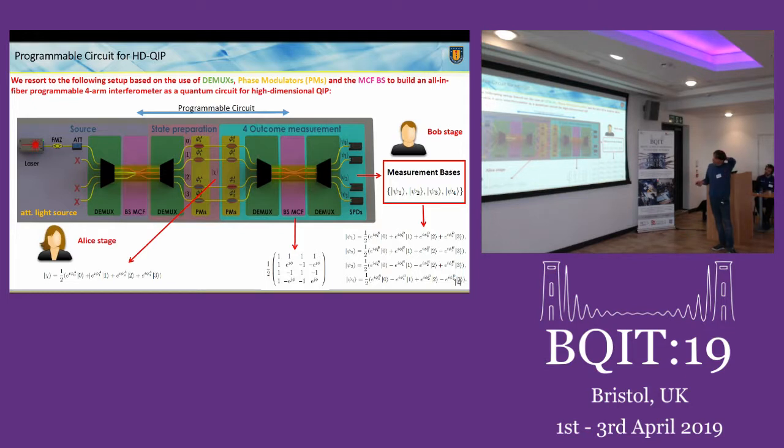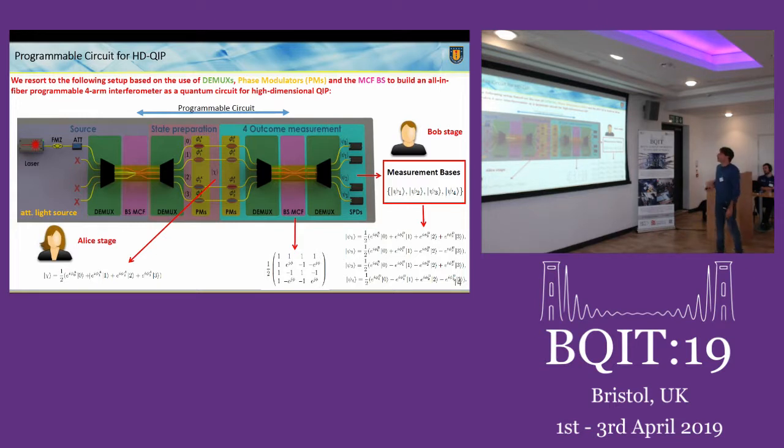First, because since you are using off-the-shelf telecom technology, this can work at up to 10 gigahertz repetition rate. And also because even though we get to single mode fibers in here, the diameter of the cores involved is always the same. And so the overlapping of the modes in the beam splitter should be very high.